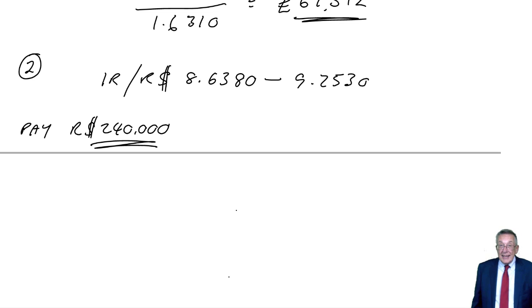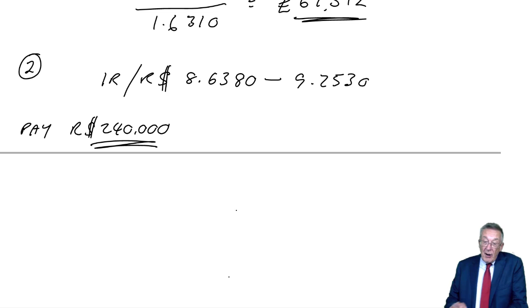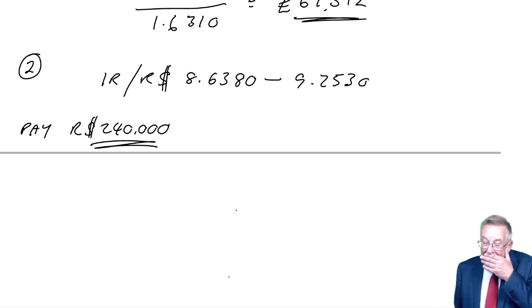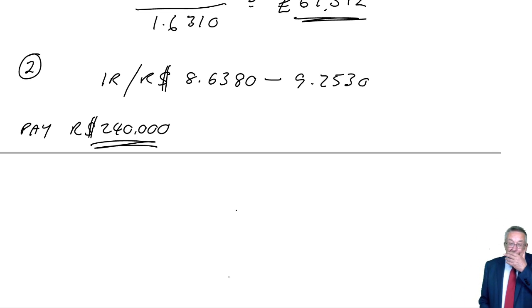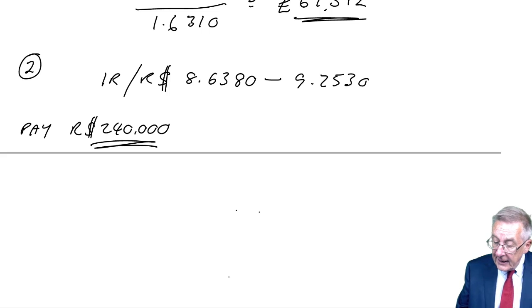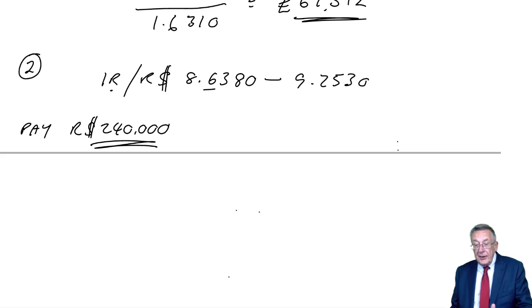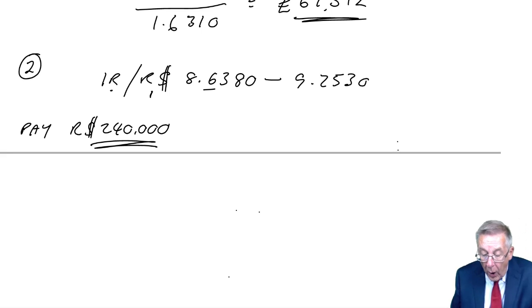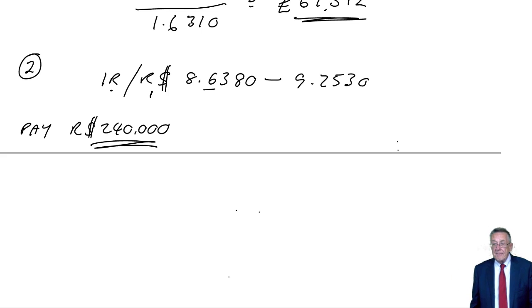Well, two things to be careful about. First of all, forgetting the spread, you know, the rates 8, 9, forget the spread for the minute. How are we going to convert? We want it in Indian rupees, and forget the spread for the minute, let's say 9. 9 rupees, 9 of the first is equal to 1 Ruritanian dollar.